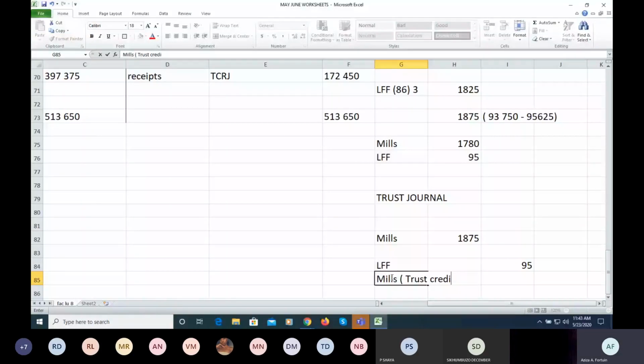And that will be the 1780, right? And then here you could make something to identify it better, like section 86.4. Investment, and whichever bank, what bank was that? First Bank.